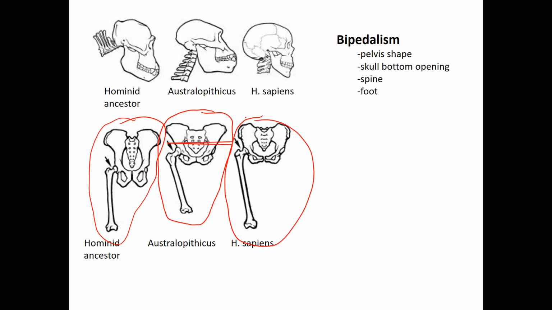And then the skull: in other apes, the opening is in the back of the skull. In early hominids, the opening is transitioning to the bottom of the skull, and in modern day humans, it's directly underneath the skull. That's to facilitate standing upright. We see changes in the spine and also in the foot in these hominids that show the progression to more and more dependence on bipedalism.